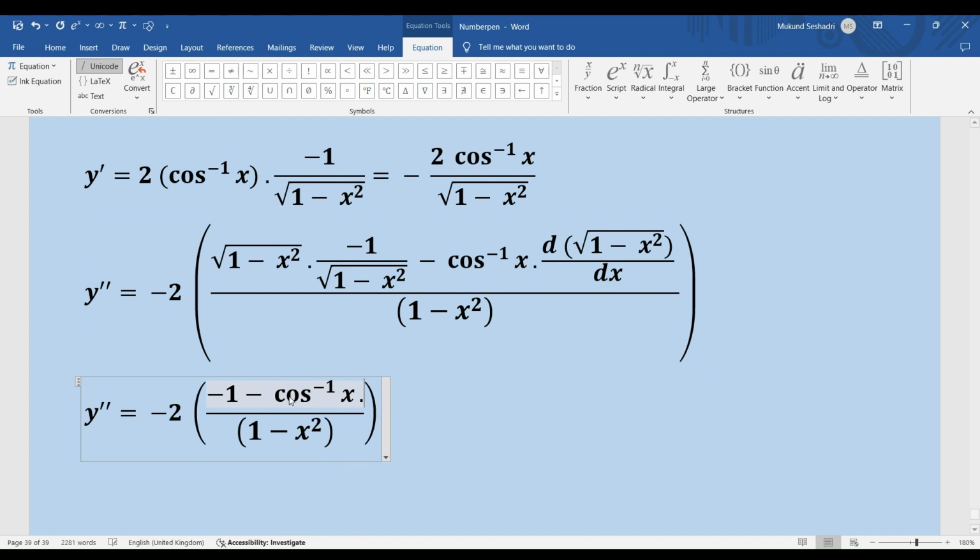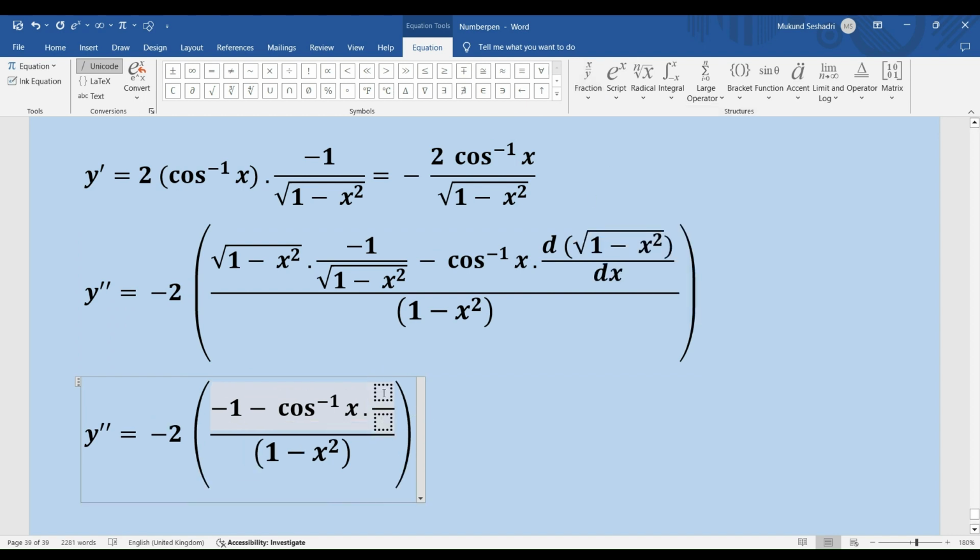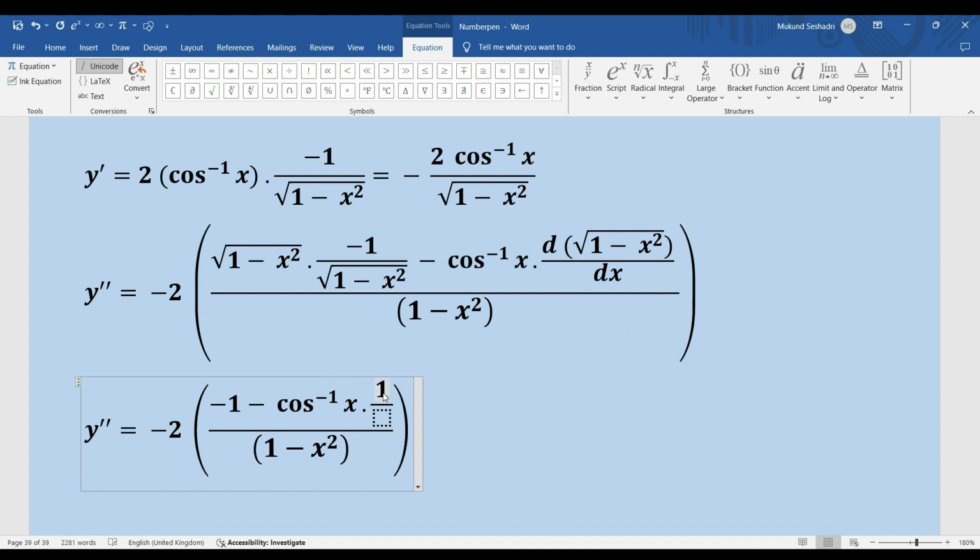And now I have a d by dx of square root of 1 minus x square, right? We have a square root function. Therefore, I apply the chain rule because we have a square root function and then we have a 1 minus x square inside the square root, right? So what is that?